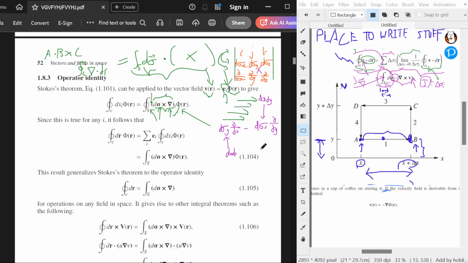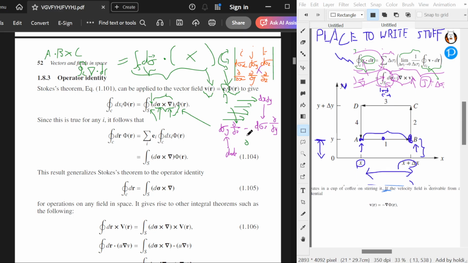If we're allowed to cancel, this would just be y. This would just be del. Wait, what? If we cancel the z and del z, we just have del. Can we do that? Are we allowed to just have del?